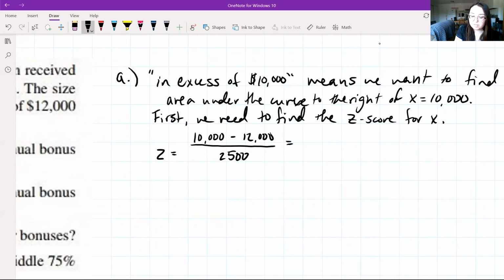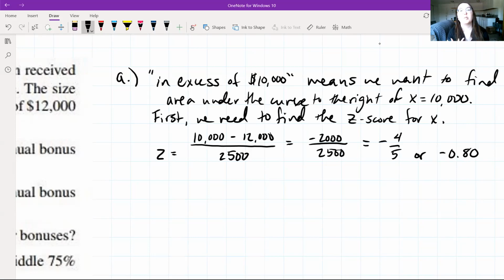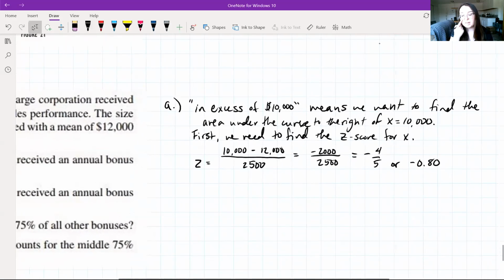Then we end up with negative 2,000 divided by 2,500. This is the same thing as negative 4 divided by 5, or negative 0.80. Remember, because we want this in our table, we need to have it in decimal form. So we have a z-score of negative 0.80.